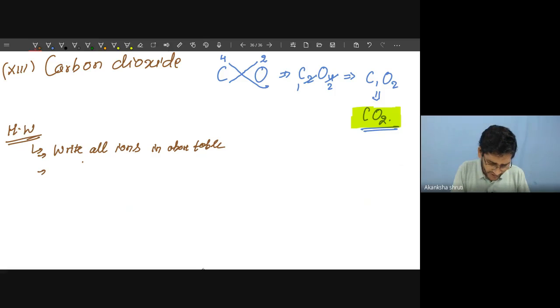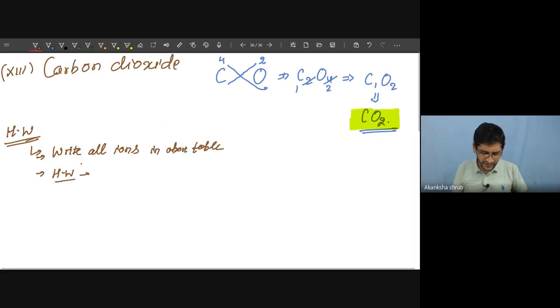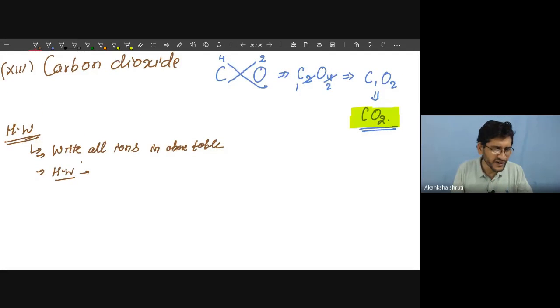Then you have to write the formula, and from the formula, just the opposite, we may write down the name of that compound also. So write down your homework from the textbook.